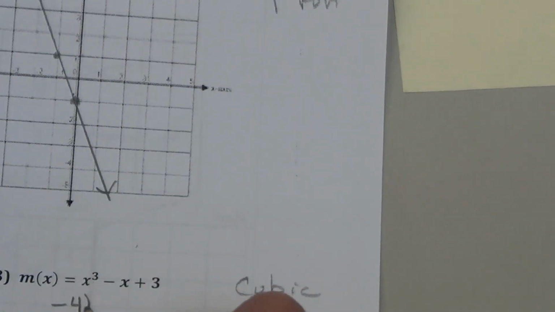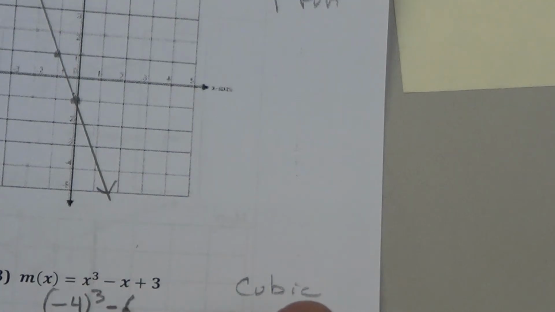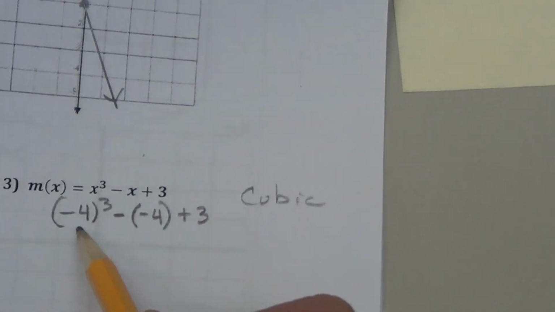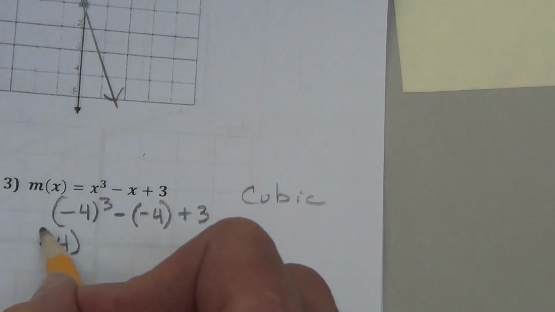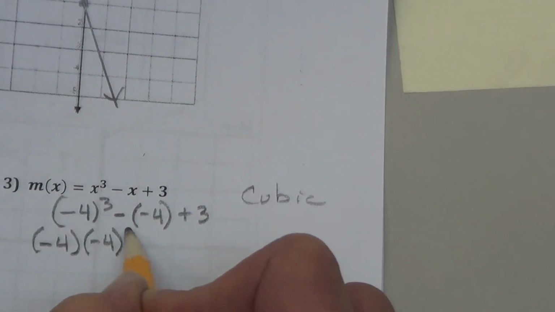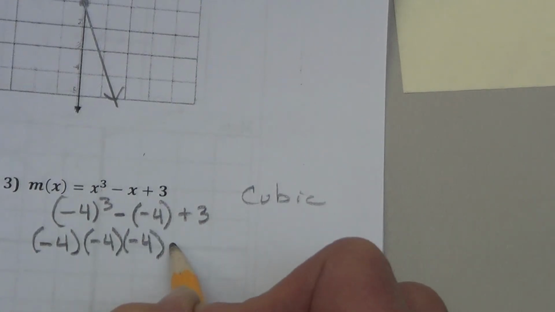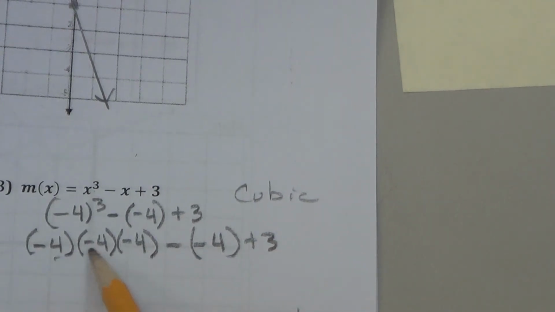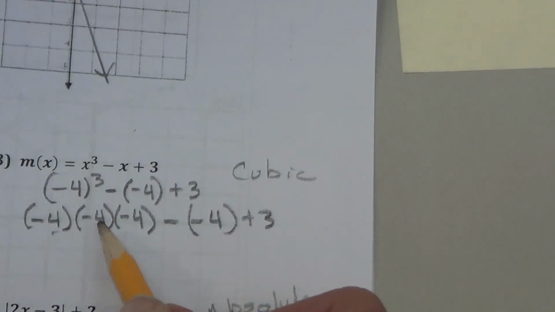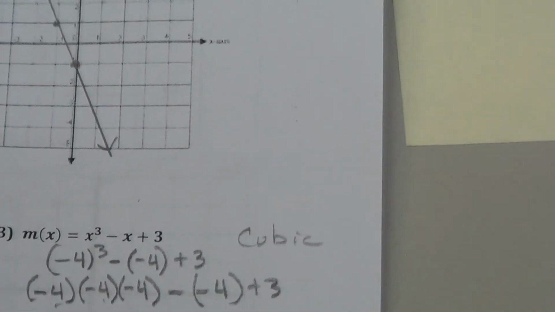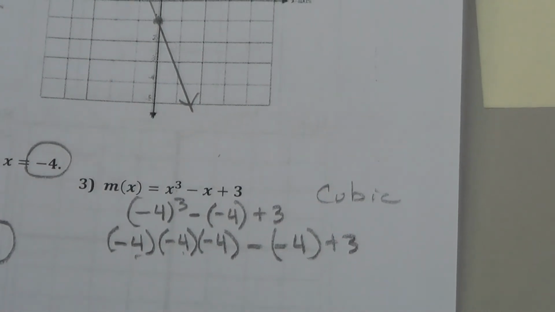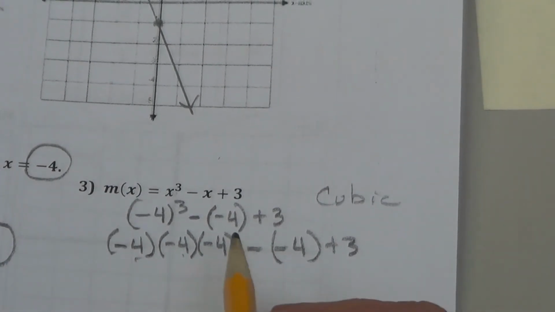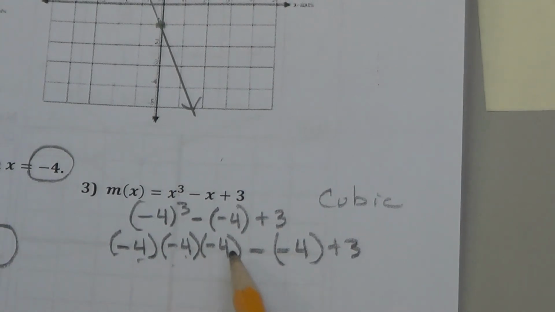-4 in here for a cube minus a -4. Always plug it in parentheses, that way you don't lose your minuses. -4 cubed is -4 times -4 times -4, minus a -4 plus 3. -4 times -4 is +16. +16 times -4 is a -64.